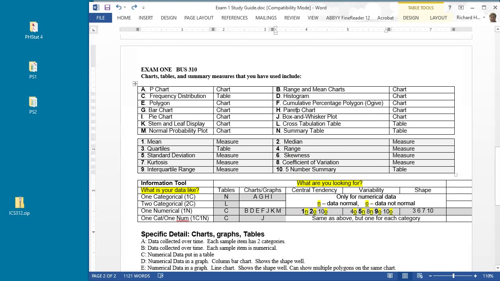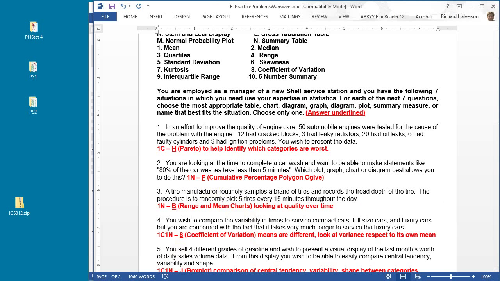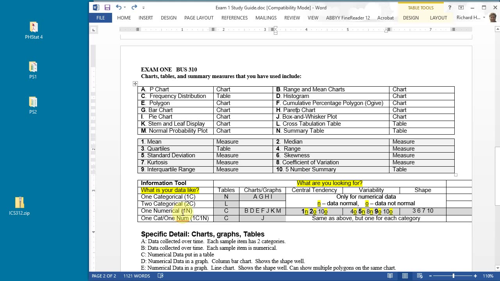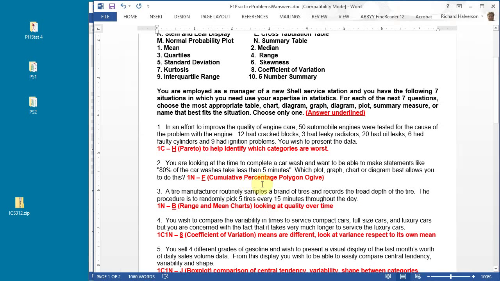So if we go here, it's numerical data, one numerical, and for charts and graphs we can use the histogram. E is a polygon. F is a cumulative percentage polygon. So that's the best one for that case.